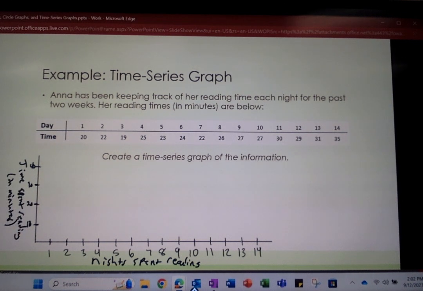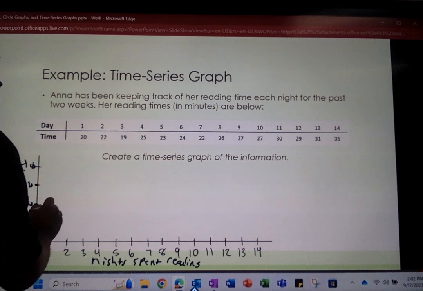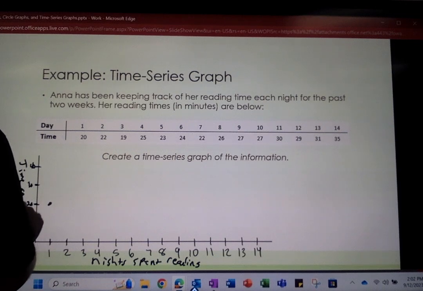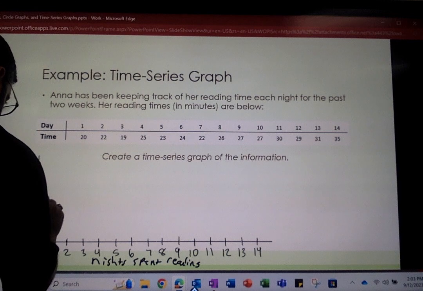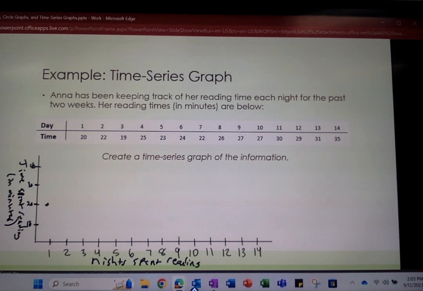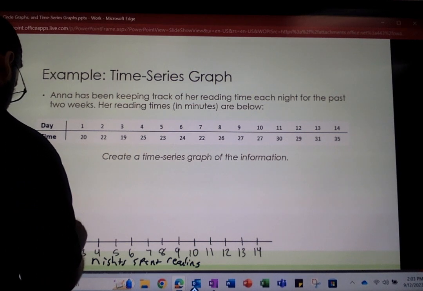And then for each day, we're going to mark where that number is. So for example, when x is 1, y is 20. That's going to be my very first point right here. Then we have 22, so just a little bit more for night 2.